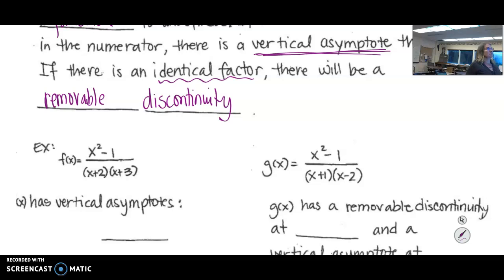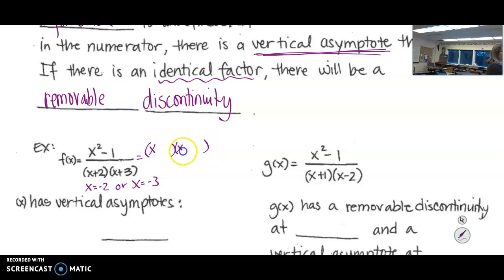So we're looking for factors that are the same in the top and the same in the bottom. We're looking for where the denominator would equal 0. In this case, the denominator equals 0 when x is -2 or when x equals -3. Now, are there any matching factors in the numerator? One of the things you're going to need to do for a lot of these problems, if it's not already done, is factor, if it's factorable.